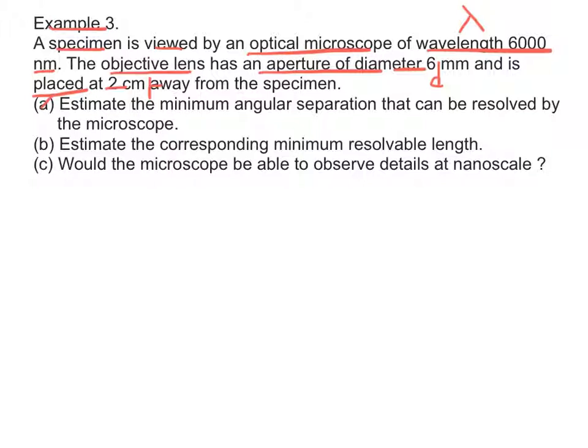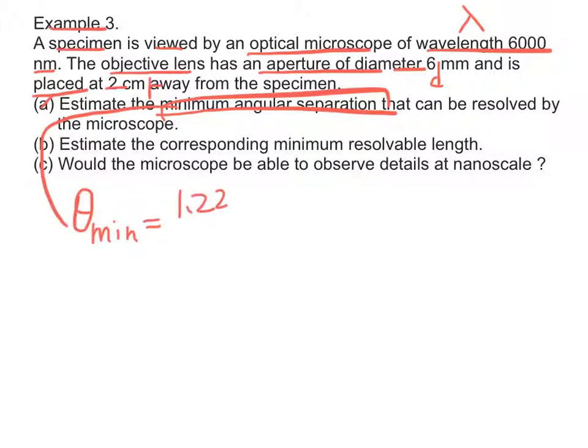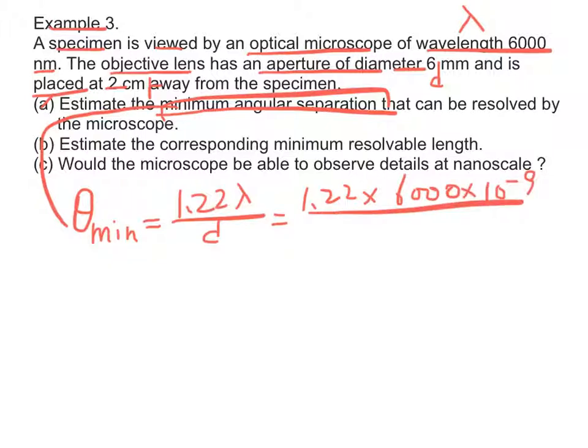A. The minimum angular separation that can be resolved by the microscope is 1.22 lambda over d, which is 1.22 times 6,000 times 10 to the power negative 9 over 6 times 10 to the power negative 3, which is equal to 1.22 times 10 to the power negative 3 radian.